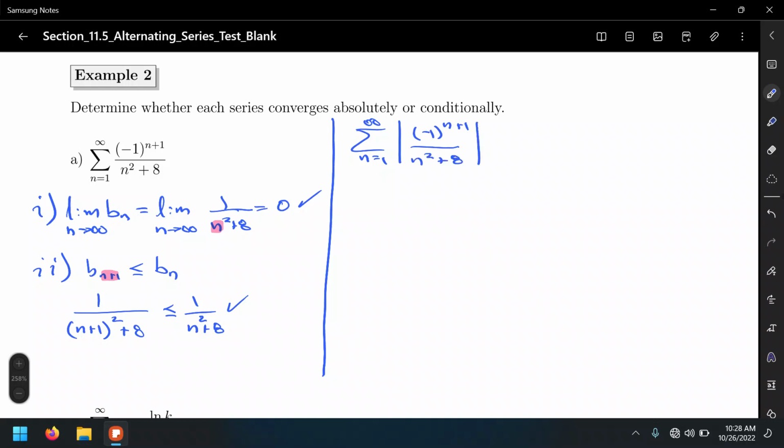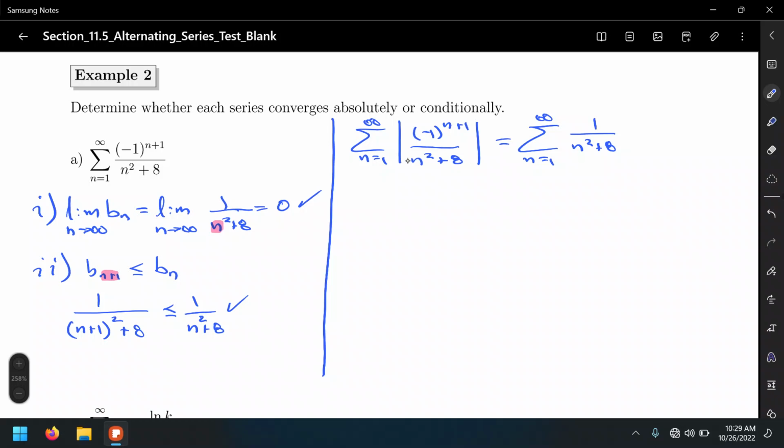When we take the absolute value of the expression here, notice what happens with the alternating factor: it disappears. Because that alternating factor outputs -1, +1, -1, +1, and if we take the absolute value of all those terms, every single term becomes positive.